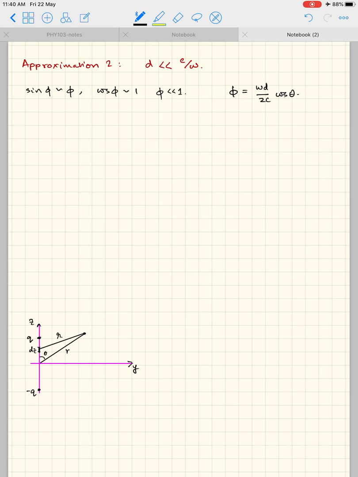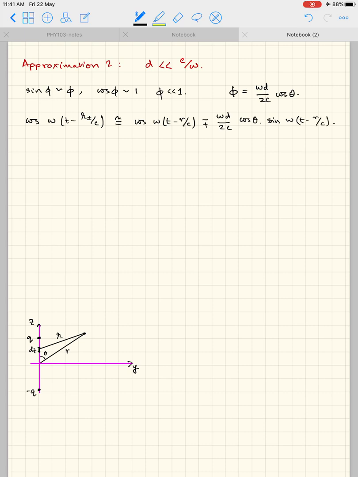So using approximation 2, cos of omega t minus r plus minus by c is approximately equal to cos of omega t minus r over c, minus plus omega d by 2c cos theta times sine of omega t minus r over c.